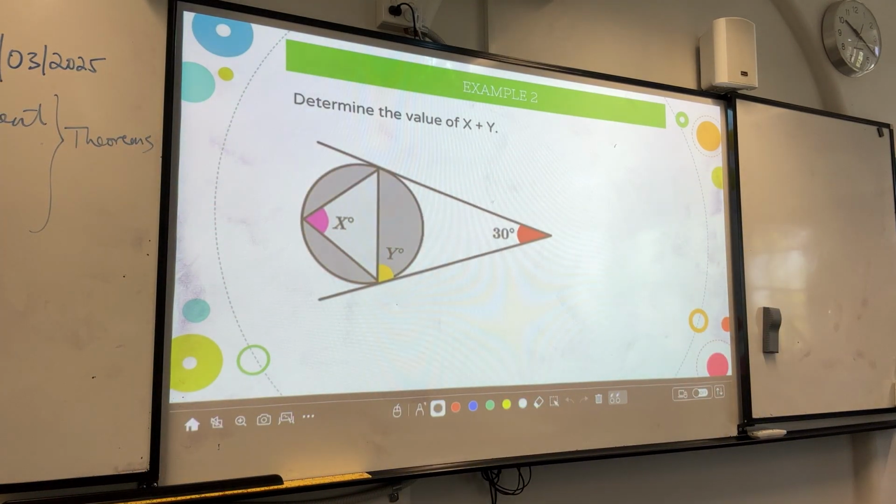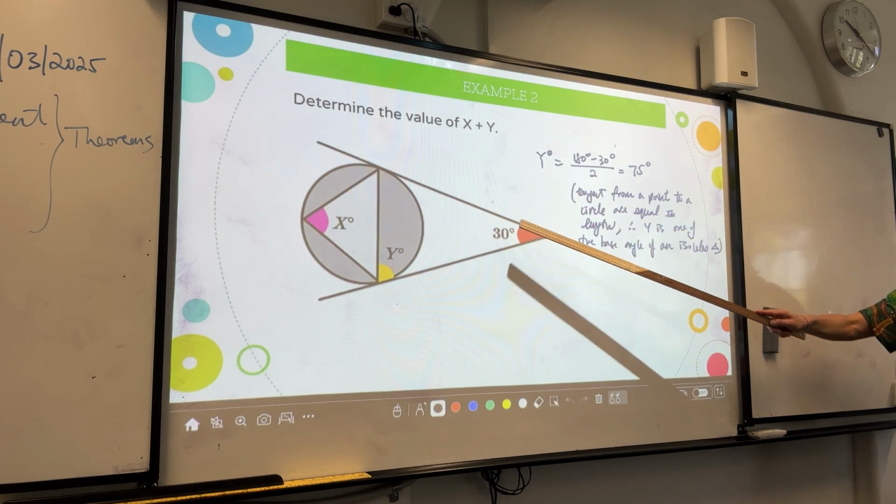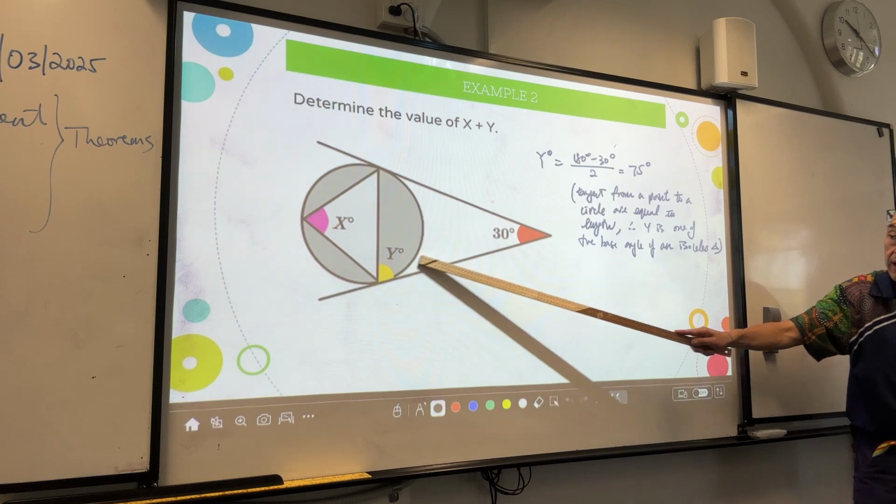So there is a lot of information that you could use. y is equal to 180 minus 30, divided by 2, which is 75 degrees. And the explanation is that tangents from a point to a circle are equal in length. Therefore, y is one of the base angles of an isosceles triangle. See, this line is the same length as this line, so this is an isosceles triangle.